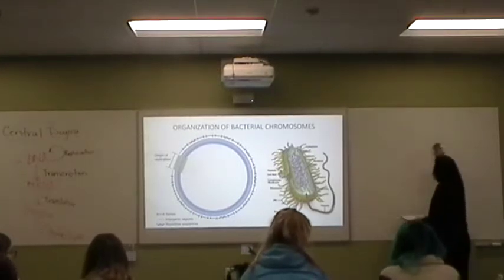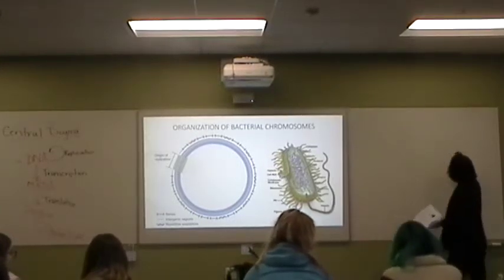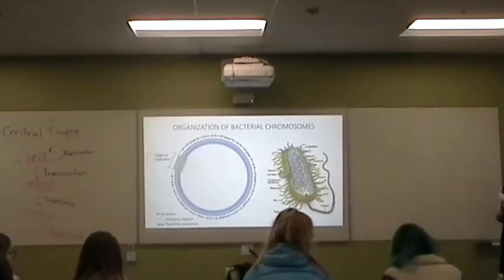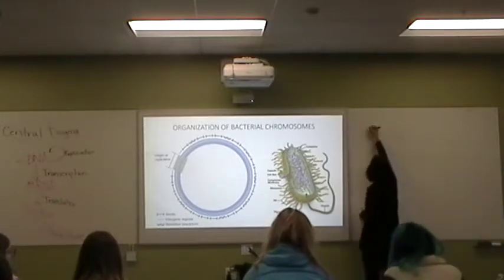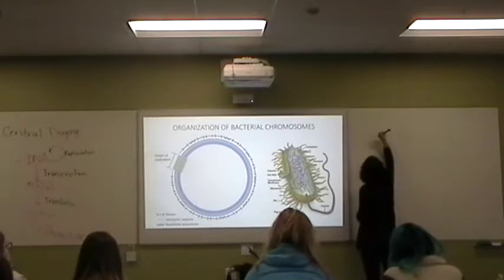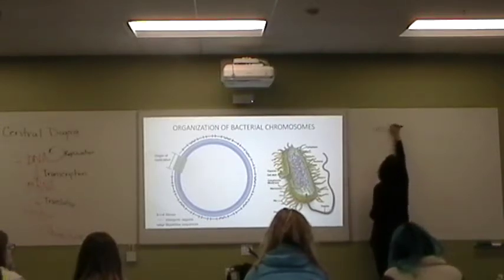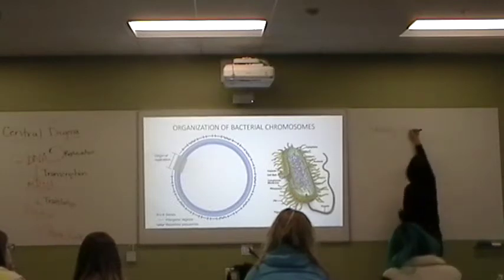Okay, so let's look at this chromosome that's in our bacterial cell and make a list of features. So we already said that usually they have circular chromosomes.